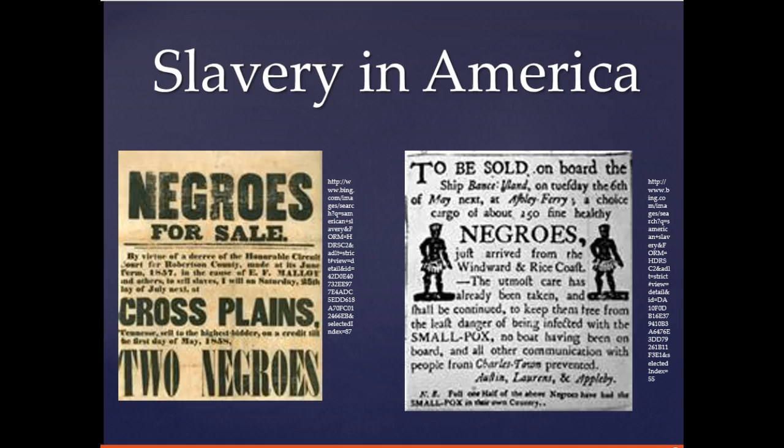The Southern economy was based on agriculture and farming, and the biggest two crops were tobacco and cotton. Cotton in the 1800s was such a big thing that it earned the nickname of King Cotton. In fact, some historians would argue that the first cause of the Civil War was the invention of the cotton gin by Eli Whitney in the late 1790s.